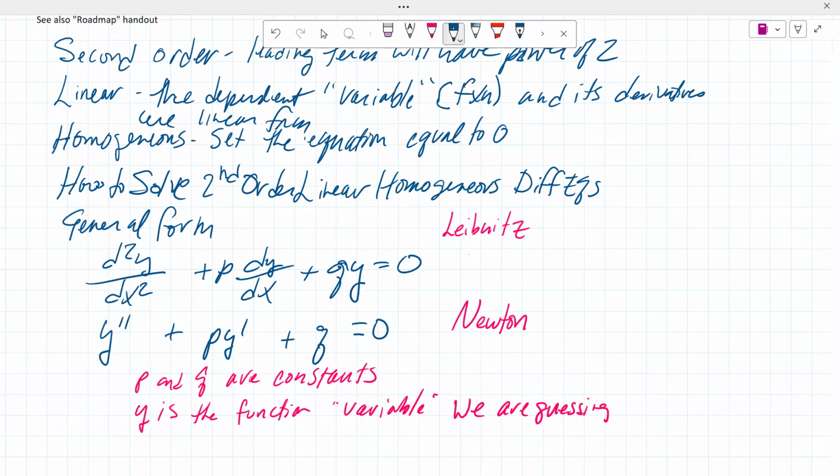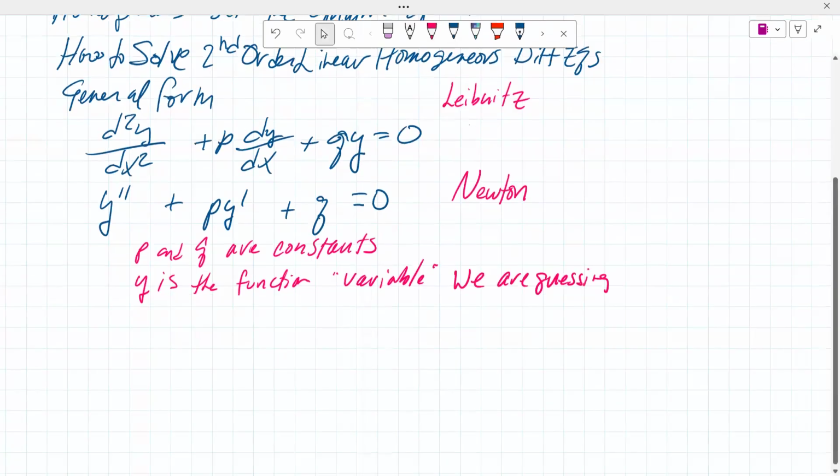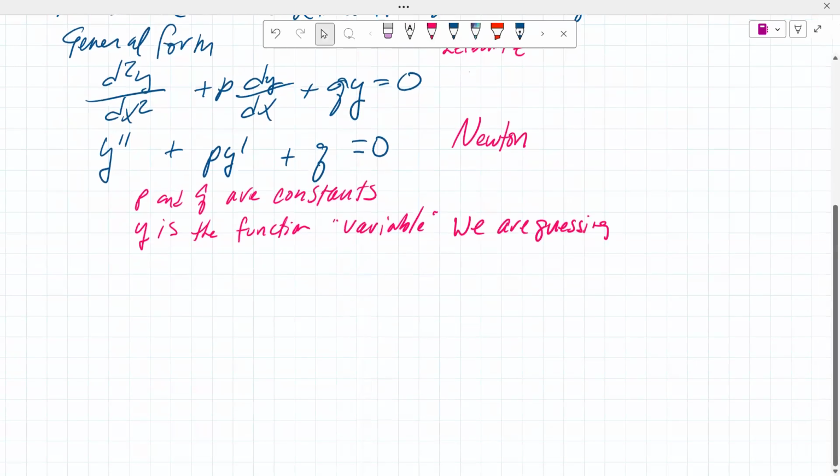All right, so that's our setup. Now let's get into actually solving this. How to solve. We're going to go through this in a generic way, and then the rest of today's lecture will consist of actually solving this with specific examples, so you'll see how to apply all of these things.